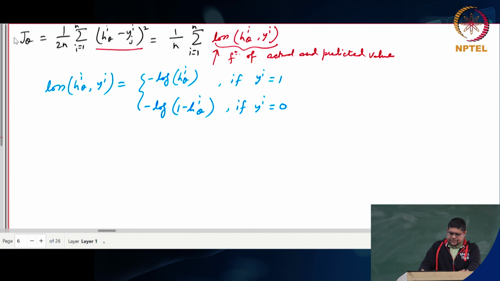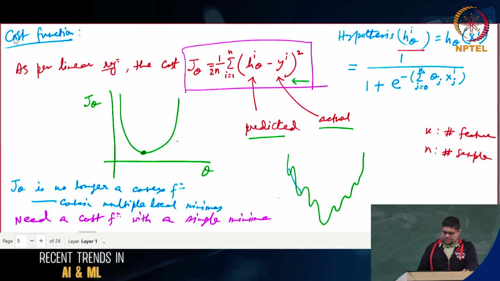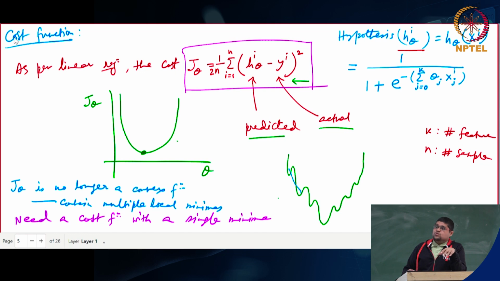Why are we taking this? So what was our problem here? We have multiple local minima. So converting into some log curve, we will have one single minimum.